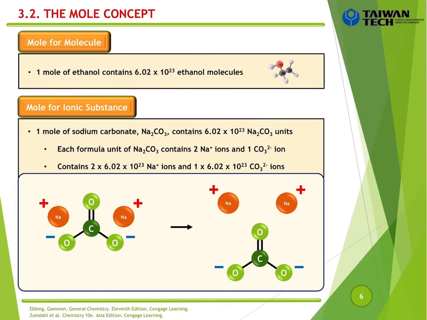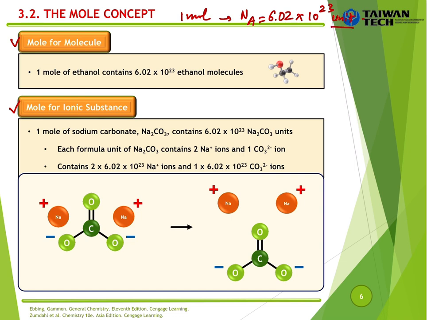Okay, and the next one, we consider mole for molecules and mole for any substance. And we already know 1 mole means that we have Na equal to 6.02 times 10 power 23 units.